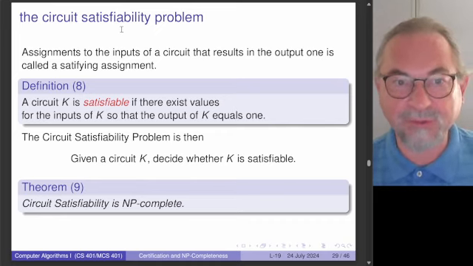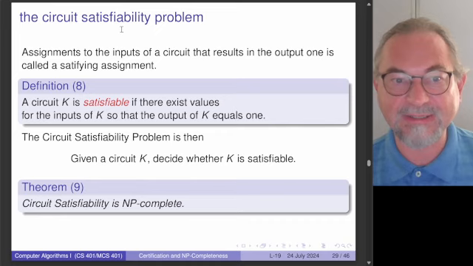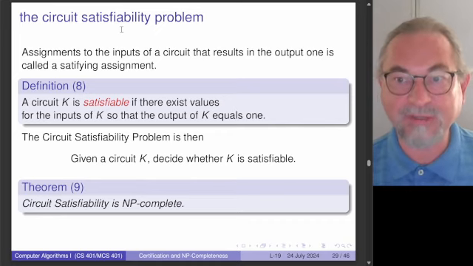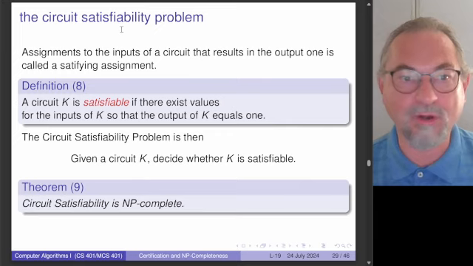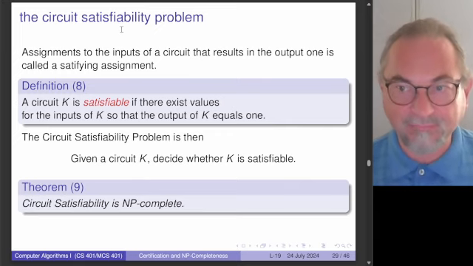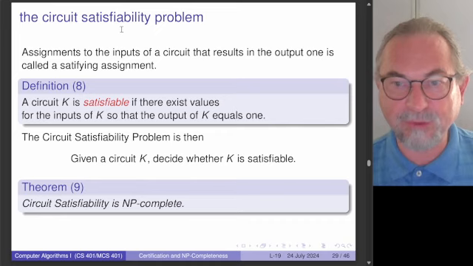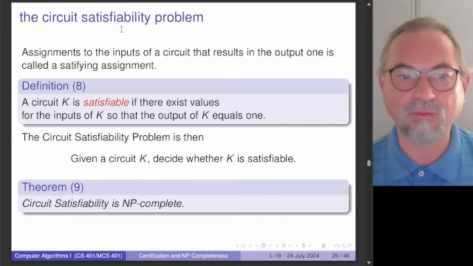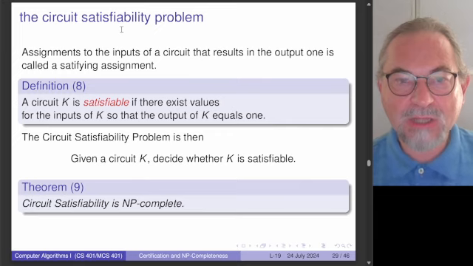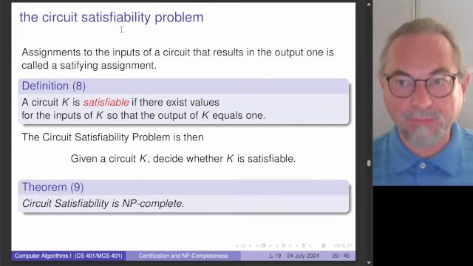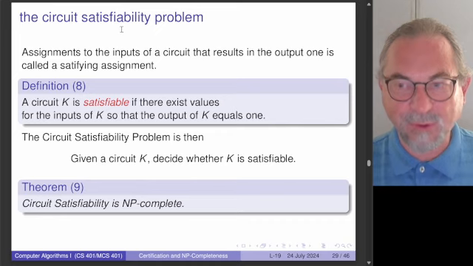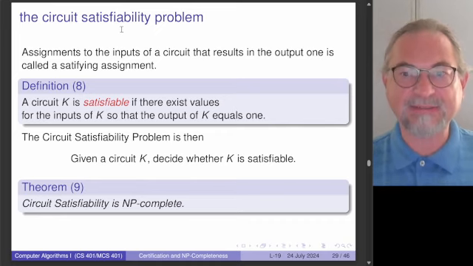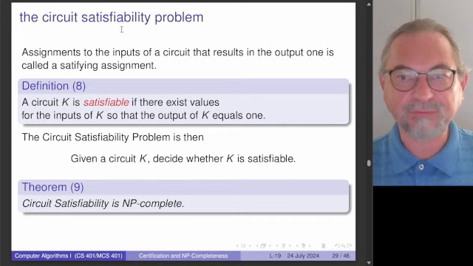If we are given a circuit, then we say that the circuit is satisfiable if there is one input, it can also be more, for which the output equals 1. So we are formulating our problems as decision problems.